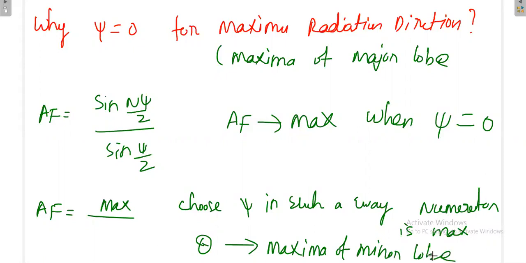Then if I want nulls, because between the lobes, be it major lobe or minor lobes, you are getting nulls.